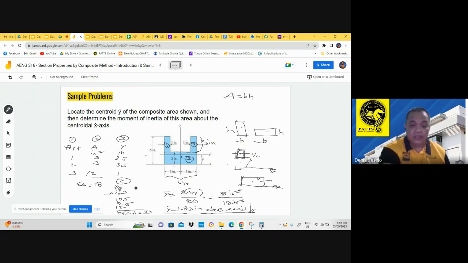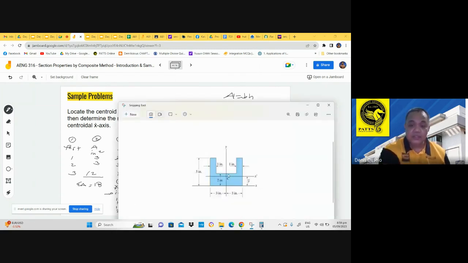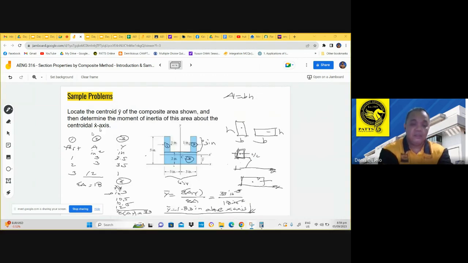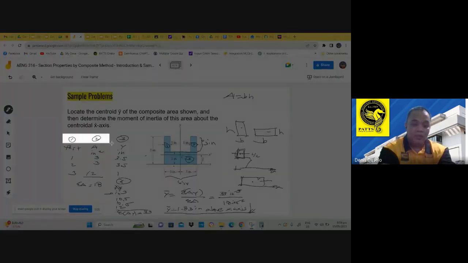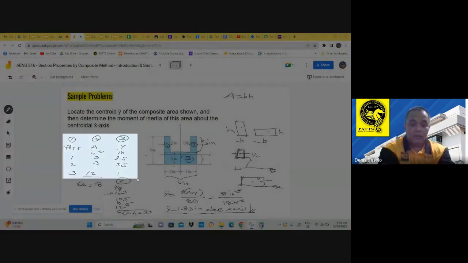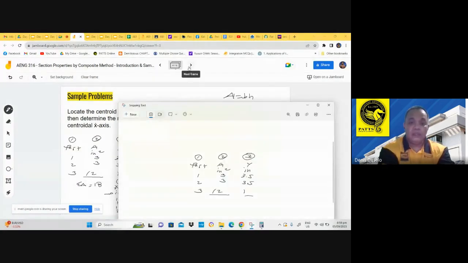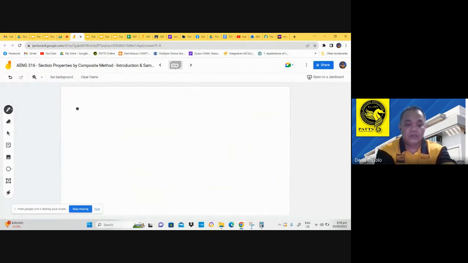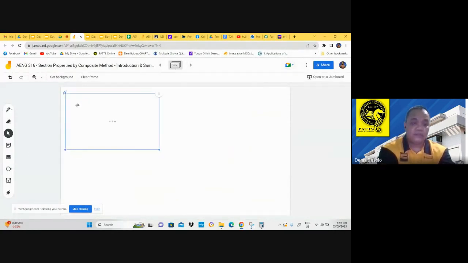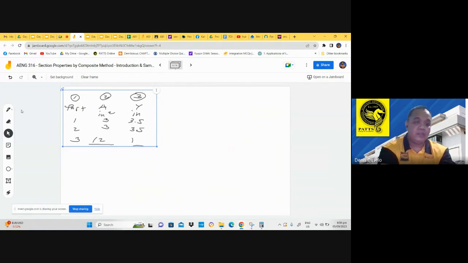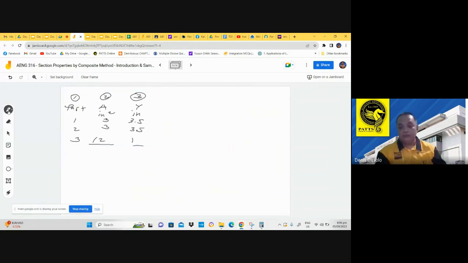Let me see if I can cut this. Allow me to cut this. And let me use it on the next column, in the next frame. Okay, so let me just complete this one.